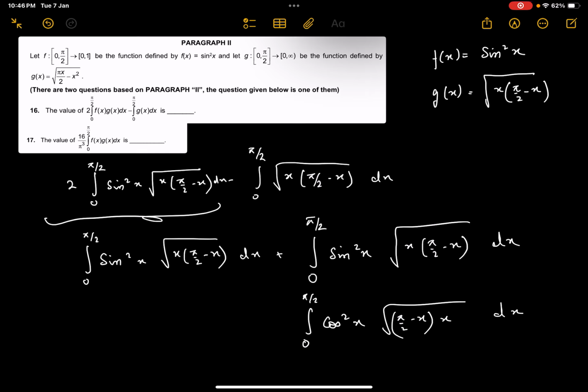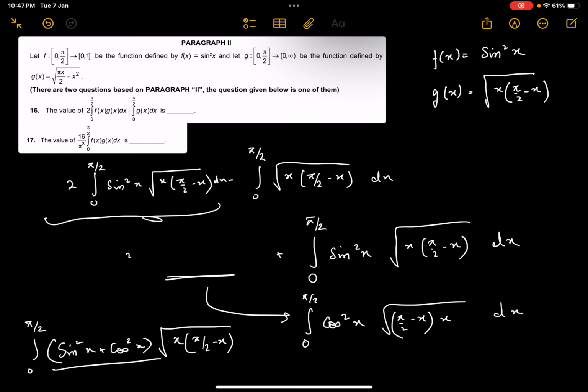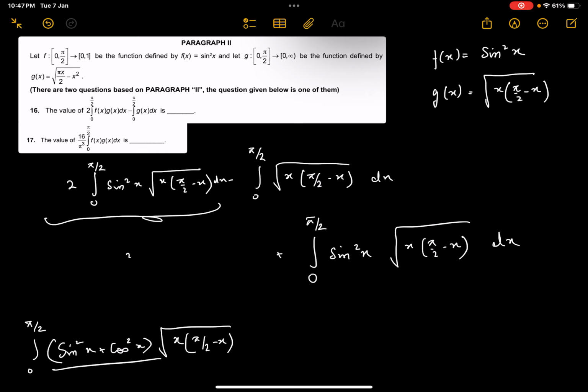And now when we add this with this, this factor comes out as a common, and we are left with pi by 2, sine square x plus cos square x times root, so this becomes 1. So we have a nice thing here.